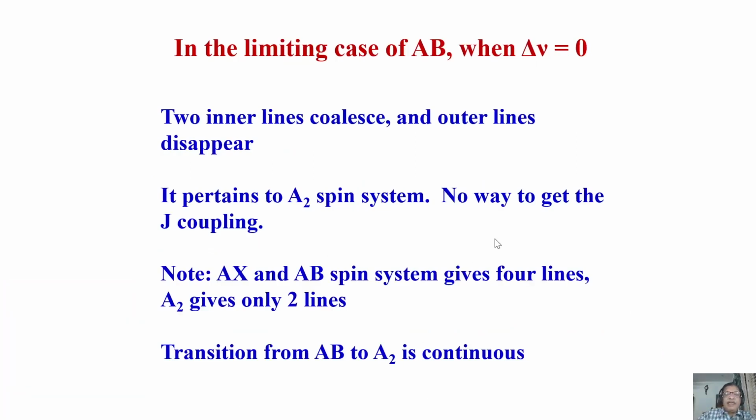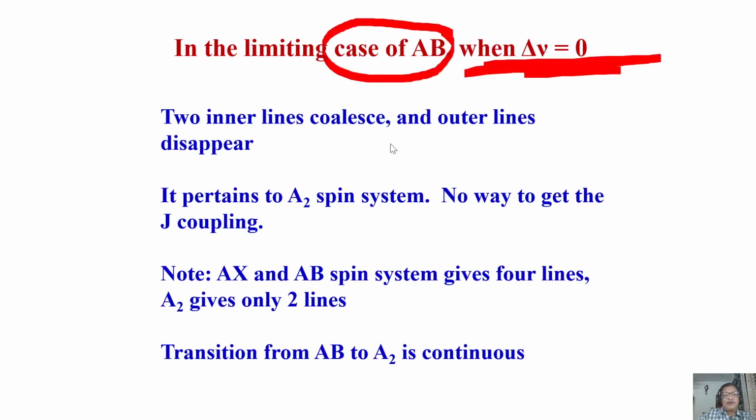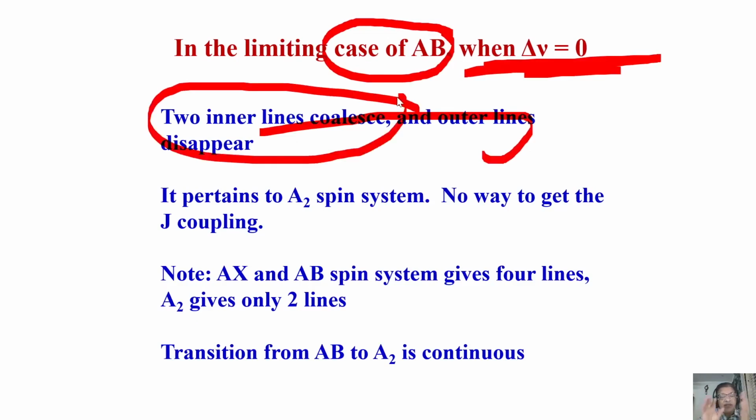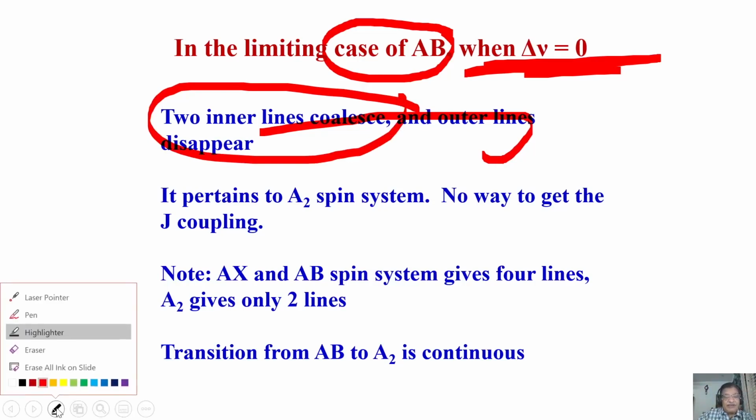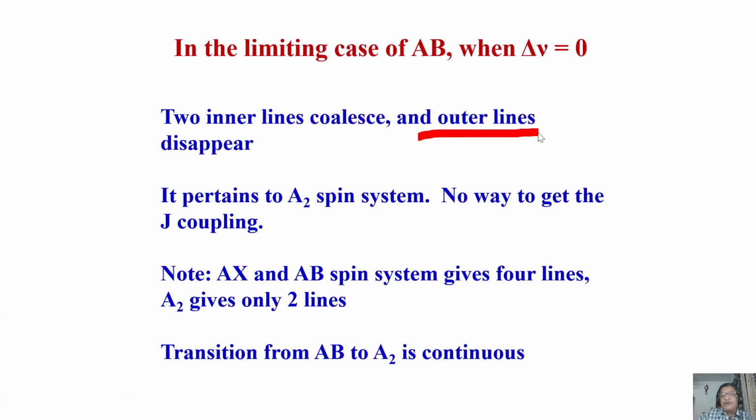So in the limiting conditions of AB, when the chemical shift becomes 0, two internal lines overlap, coalesce, completely overlap. Two internal lines overlap and you get a single peak, and the outer lines completely disappear. That is a very interesting point. Remember, outer lines will completely disappear.